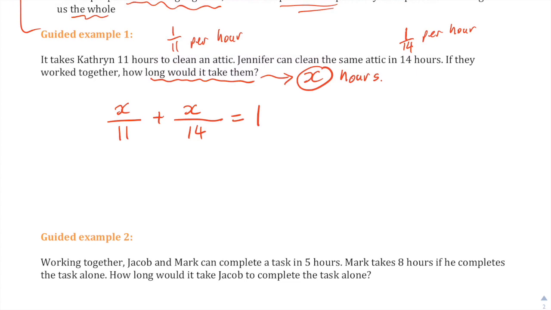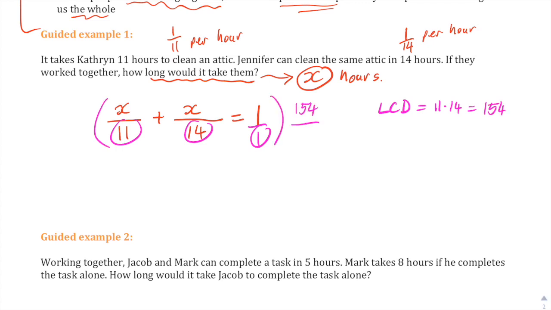So I want the number into which all of my denominators can divide. In this case, my lowest common denominator actually just ends up being 11 times 14, which is going to give us 154. I'm going to take 154 and multiply each of the terms in the equation by 154.